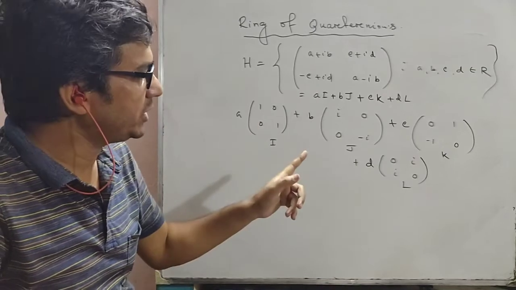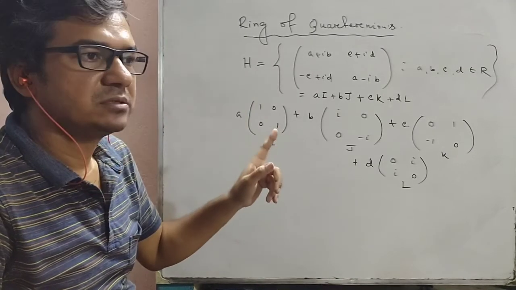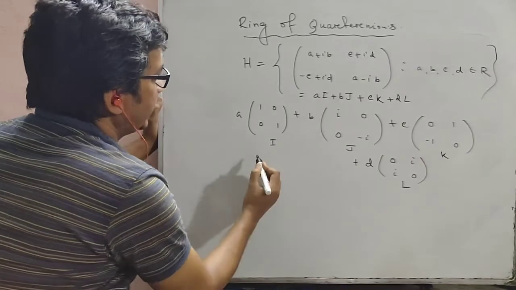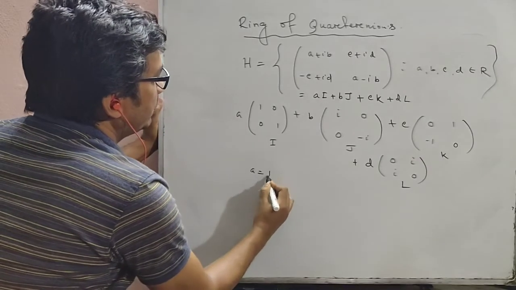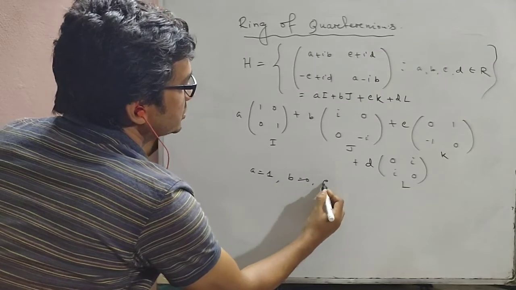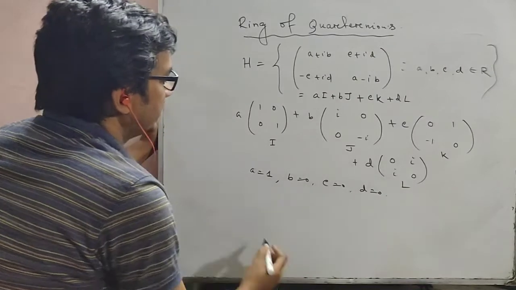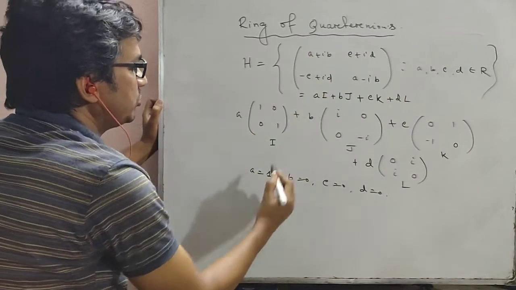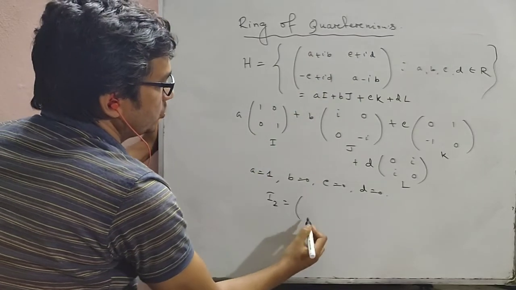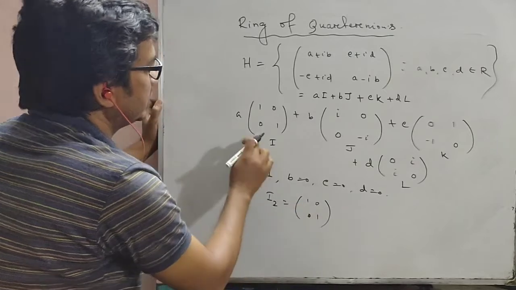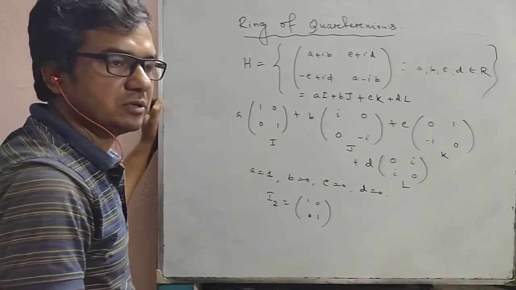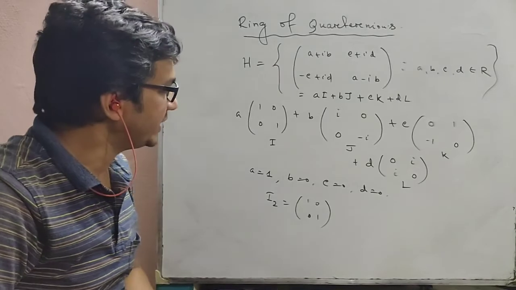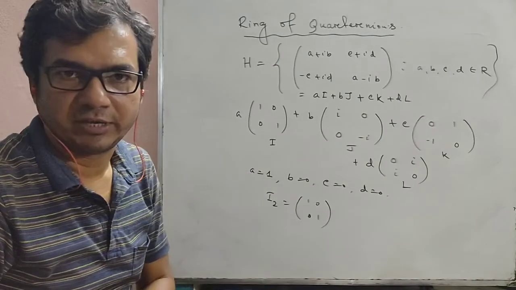This ring also contains unity, because if A equals 1, B equals 0, C equals 0 and D equals 0, then this element becomes [1 0; 0 1], and this is the identity of the ring, the unity of the ring.